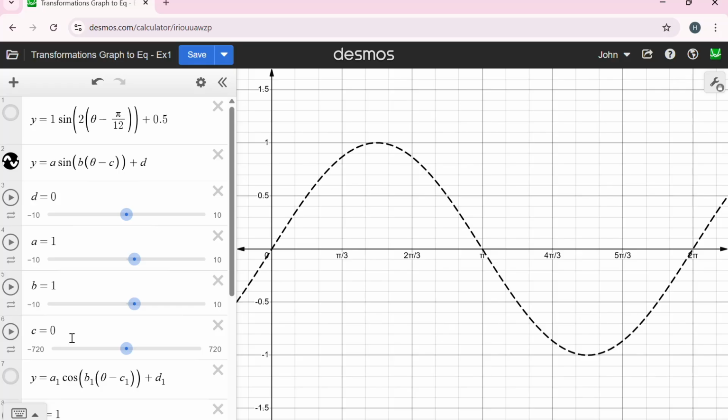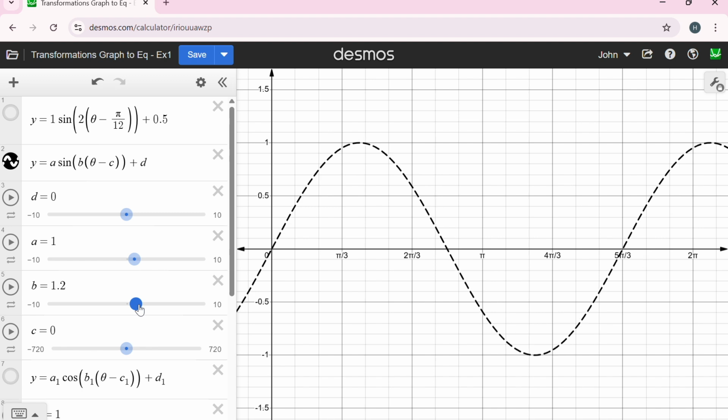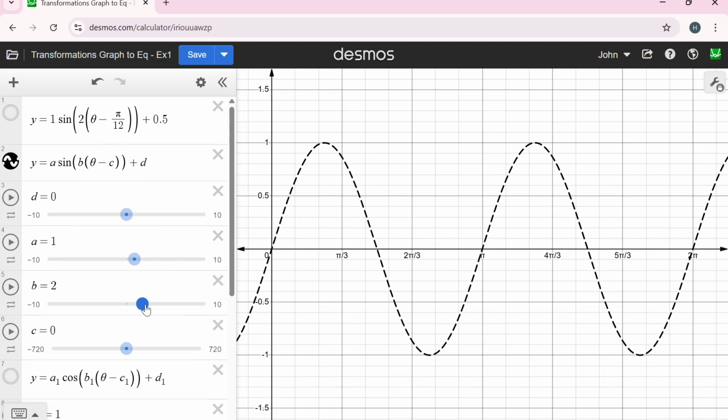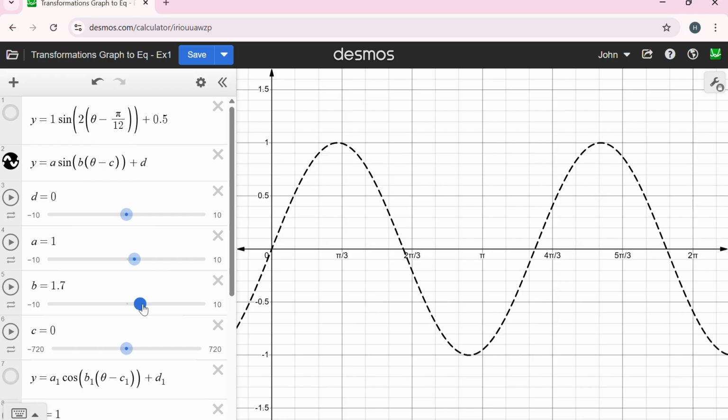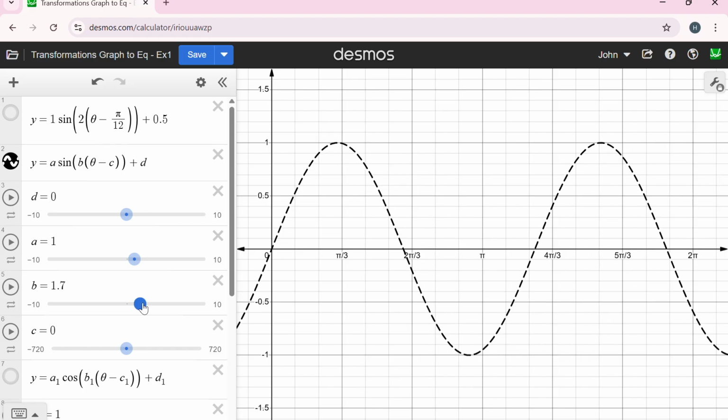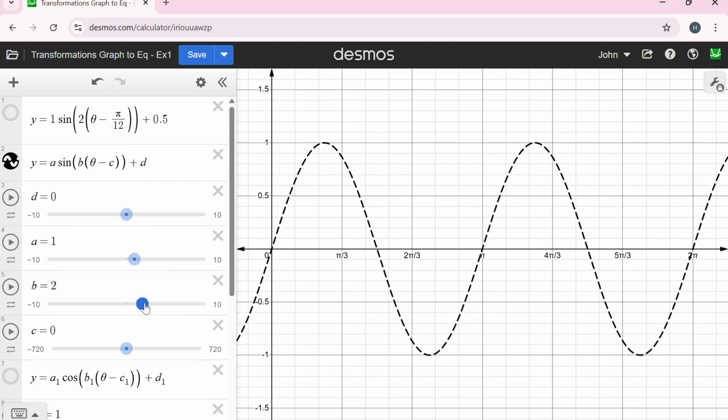Okay, so I'm going to go with SRT, the stretches and the reflection. There's no reflection. A value is 1, so I'm not going to do anything with the A value. That's set. B value is 2. So I have a horizontal stretch which relates to a B value of 2. If I start with the original sine function, that looks like we are stretching it horizontally about the y-axis by a factor of 1/2, right?